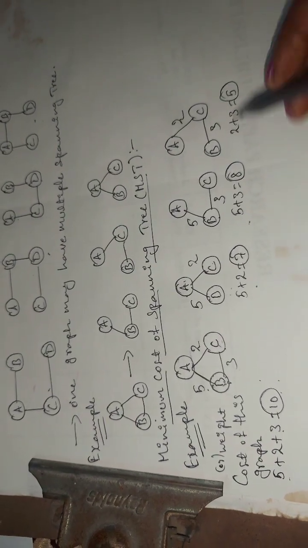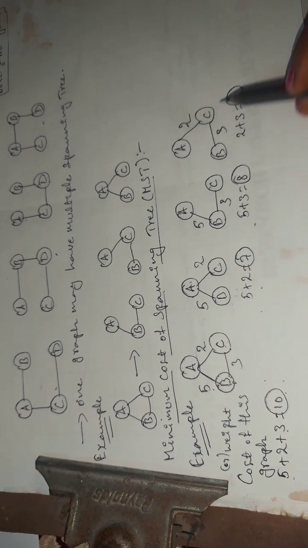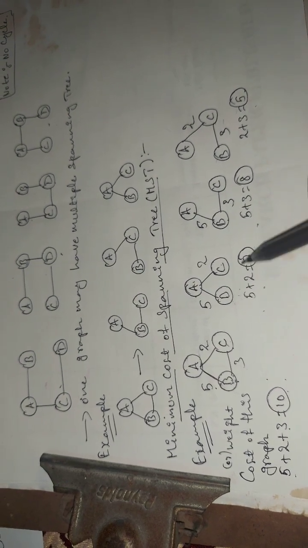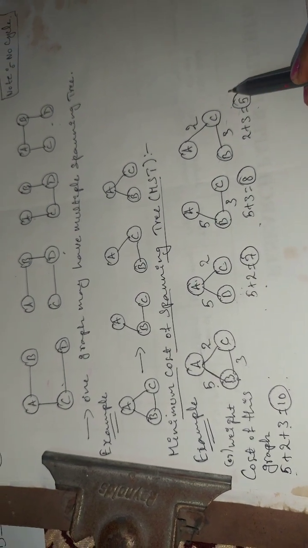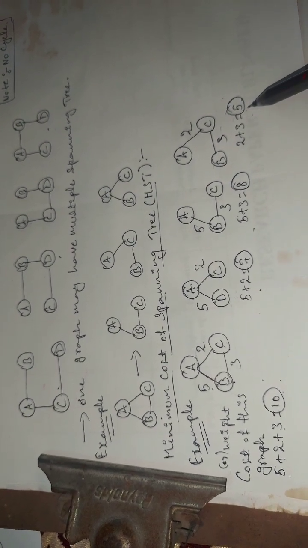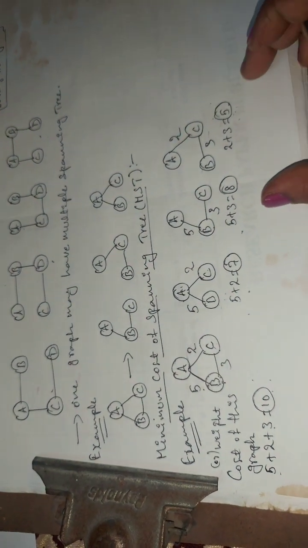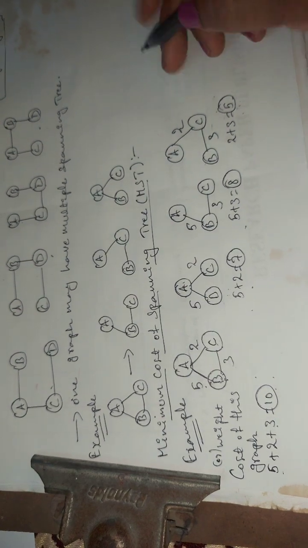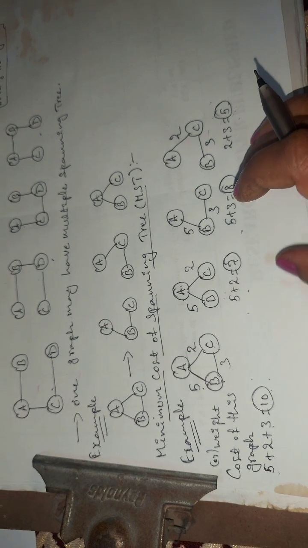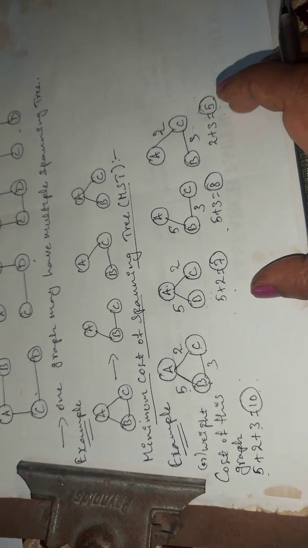So among these three possible spanning trees, the minimum cost is the last one, that is 5. So the cost of the minimum spanning tree is 5.